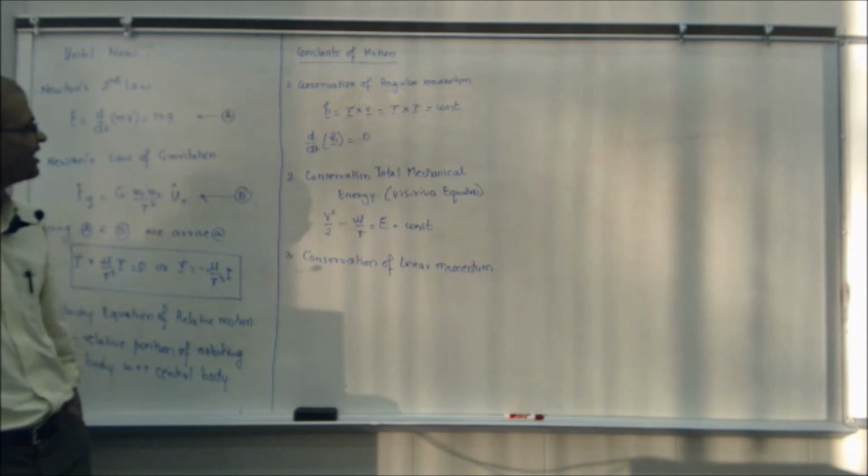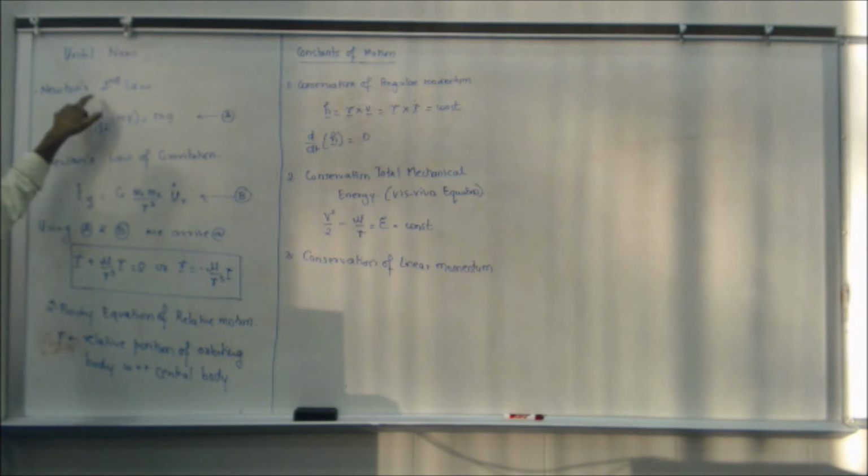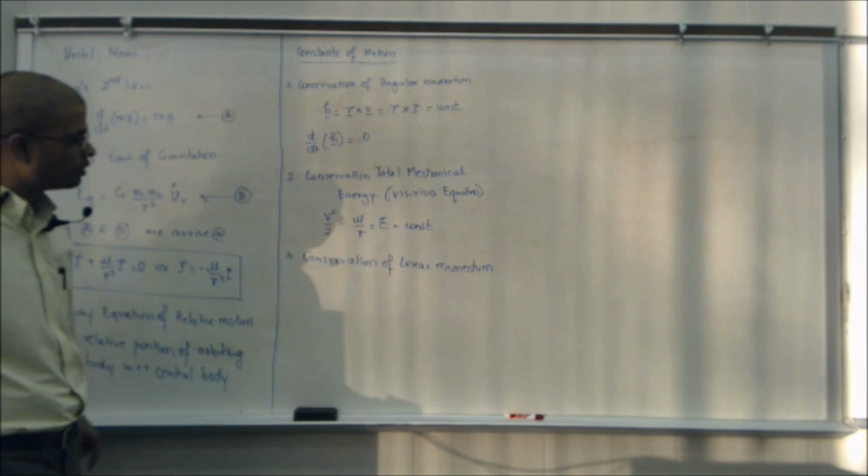Mass times velocity. This is linear momentum. You cannot just forget it, okay? You keep forgetting everything. What is this? Newton's second law: rate of change of applied forces, rate of change of momentum. This is linear momentum, mv, okay?